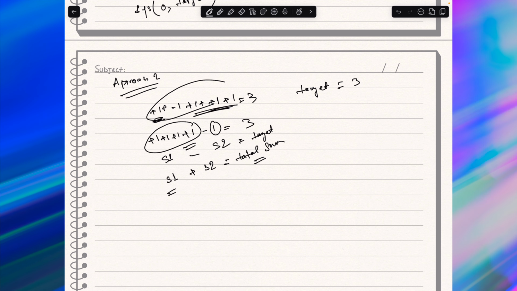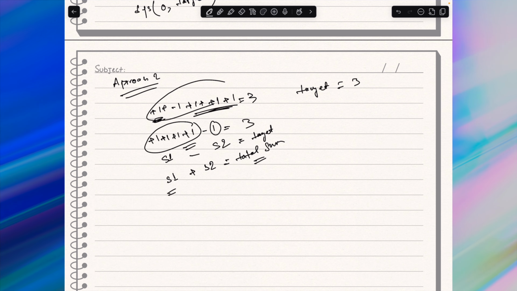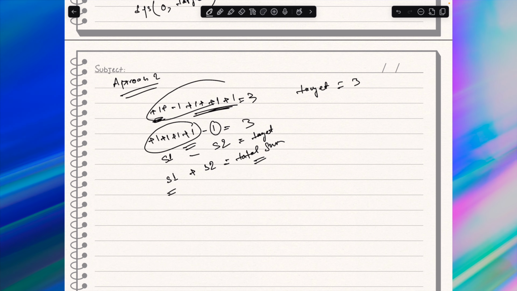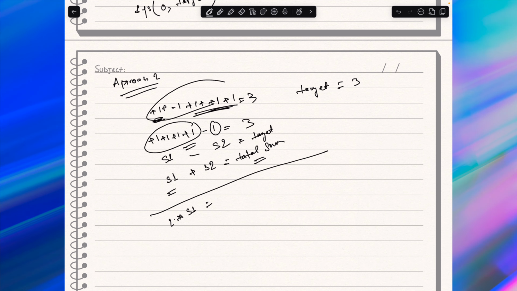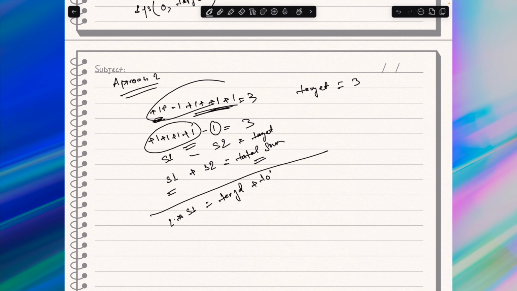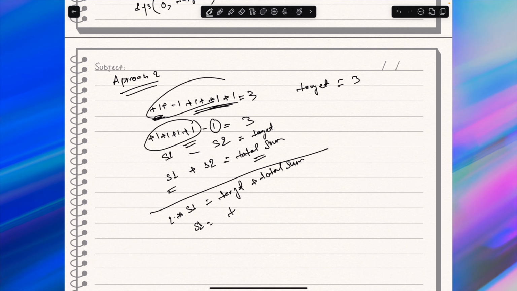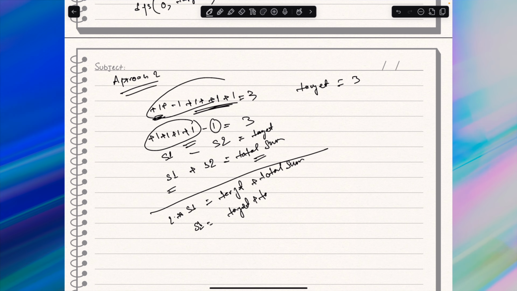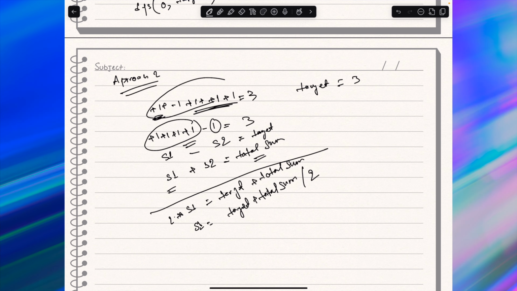If we sum up these two equations, then 2 into S1 is equal to target plus total sum. So S1 becomes target plus total sum by 2.